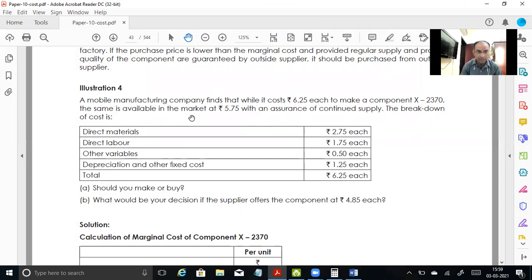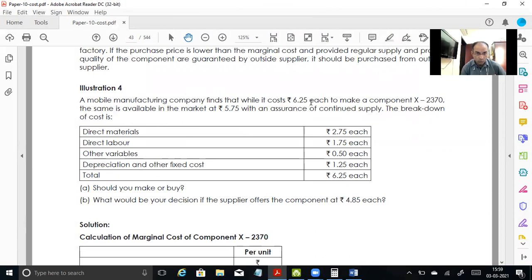The same is available in the market at 5.75. When you manufacture the same, it costs you 6.25. By seeing this pricing, anybody can say we should go outside and buy it because outside it is available at 5.75. But let us see the breakup of this cost, how the cost comes to 6.25 if we are manufacturing it.